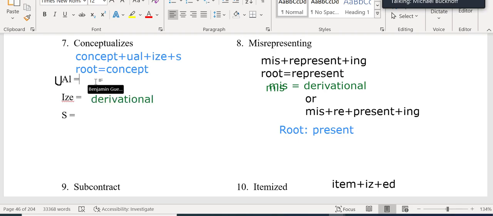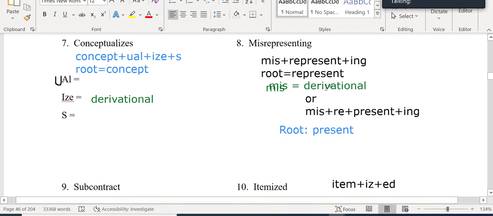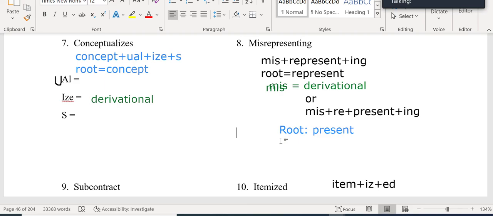Yeah, there we go. Derivational. Perfect. And you can say the same thing with AL. What did you say it changed it to? The IZE was adjective to verb.